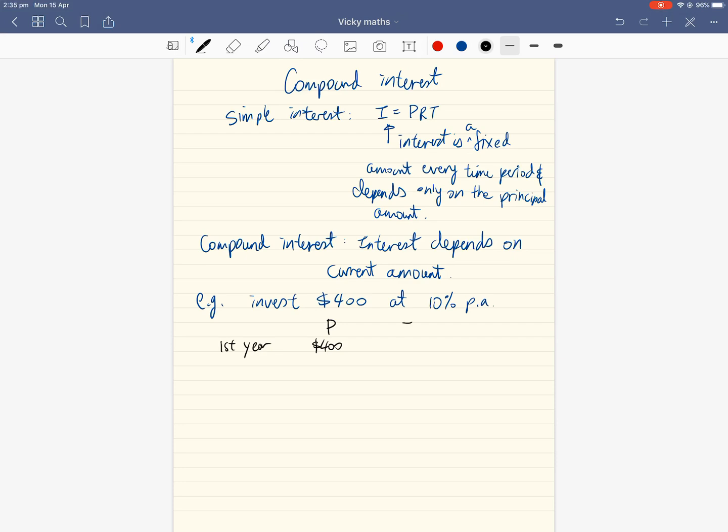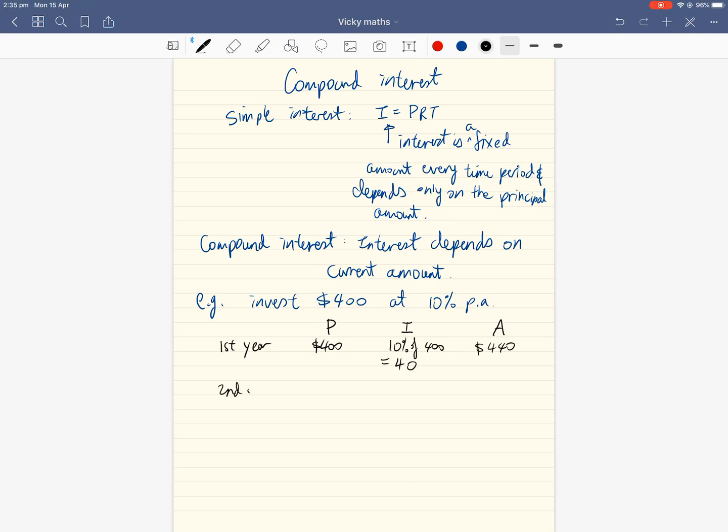And then the amount of interest gained, because we're investing, is 10% of that 400 because it's 10% per annum. So the amount of interest is 10% of $400, which if you multiply through gives you 40. So your total final amount would be $440.